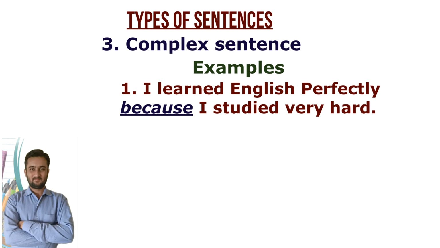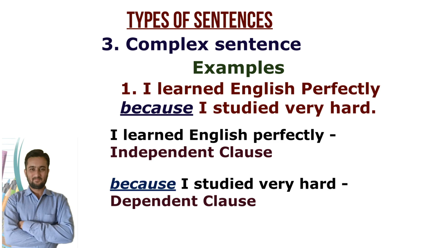So here you can see that I learned English perfectly, that sentence is an independent sentence, independent clause. Why? Because it does not start with a subordinating conjunction word.